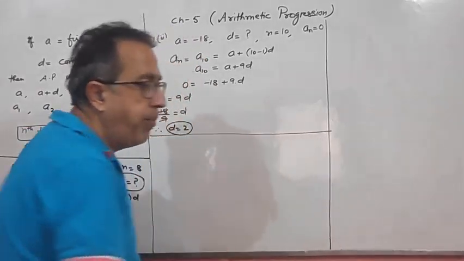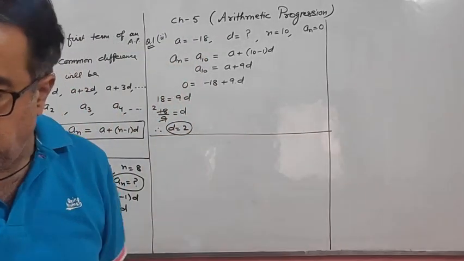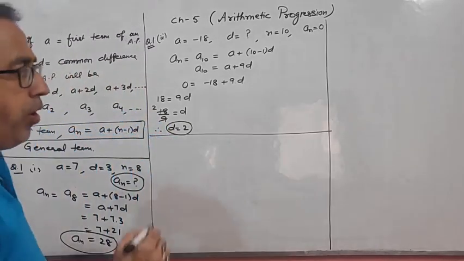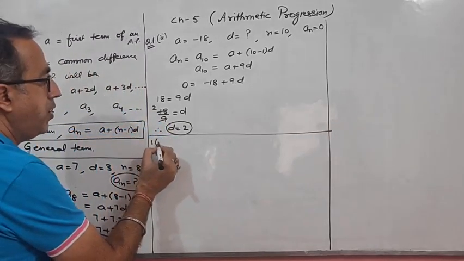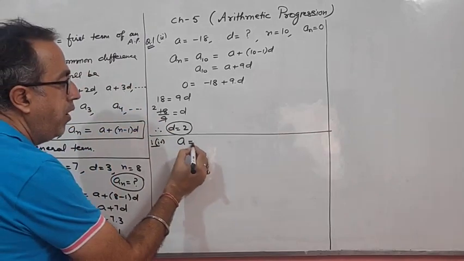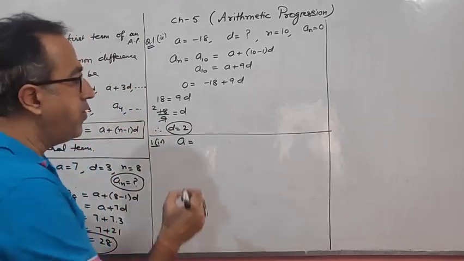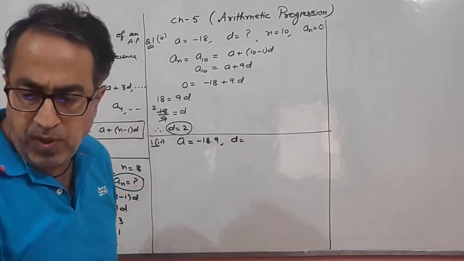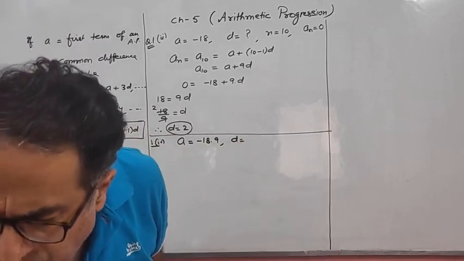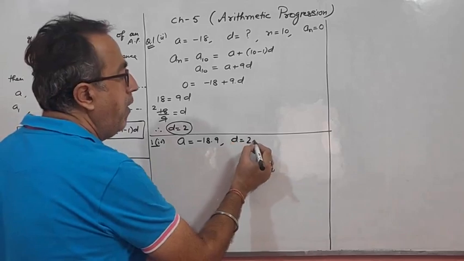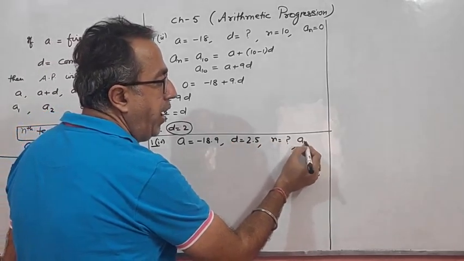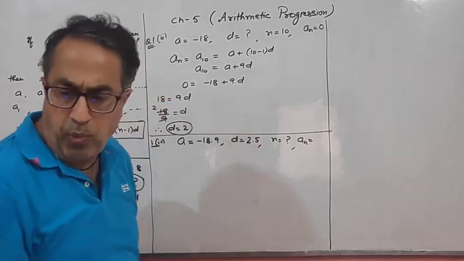Now one more part we do in this first question. This is part number 4. First question, fourth part: A is given, minus 18.9. D is given to us, 2.5, and n is not given. In this part n is not given and an is 3.6.